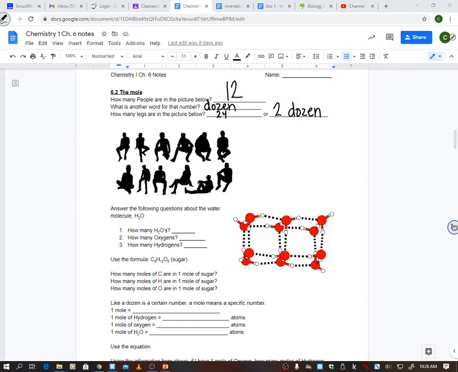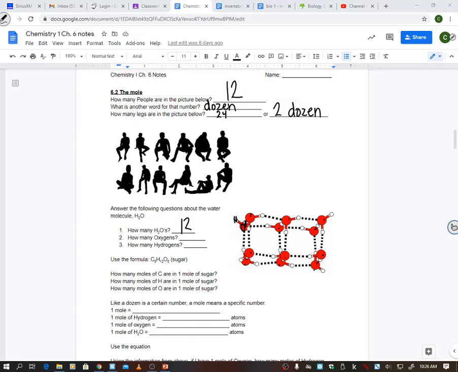All right, so let's look at the water molecules down here then. It says, how many H2Os are there? And the H2Os are the red oxygen, and these are your 2 little hydrogens here. So I've got 1, 2, 3, 4, 5, 6, 7, 8, 9, 10, 11, 12. So I've got 12 H2Os, right? I've got a dozen waters. How many oxygens are there?